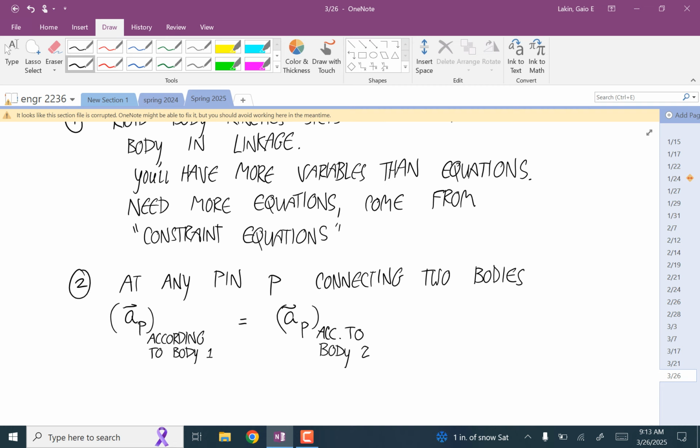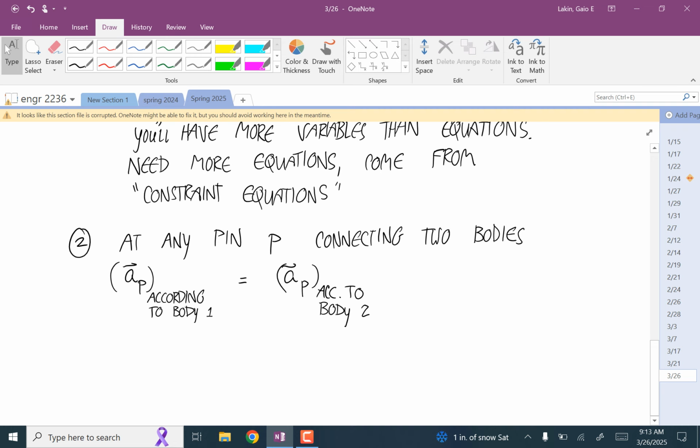That just represents that pin. So intuitively, we're just saying that the two points are connected at a pin joint. And them being connected means that the acceleration of this part that's connected to it has to be the same as the acceleration of this part that's connected to it. Otherwise, they're flying apart.